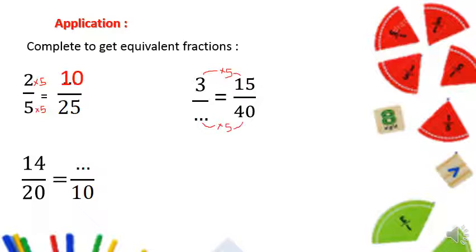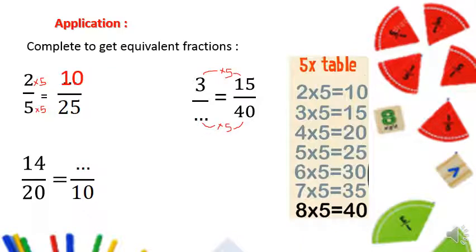Let's take a look at the multiplication table of 5. Which number is multiplied by 5 to give me 40? It's 8. So the missing number is 8. So now 3 times 5 gives me 15 and 8 times 5 gives me 40.